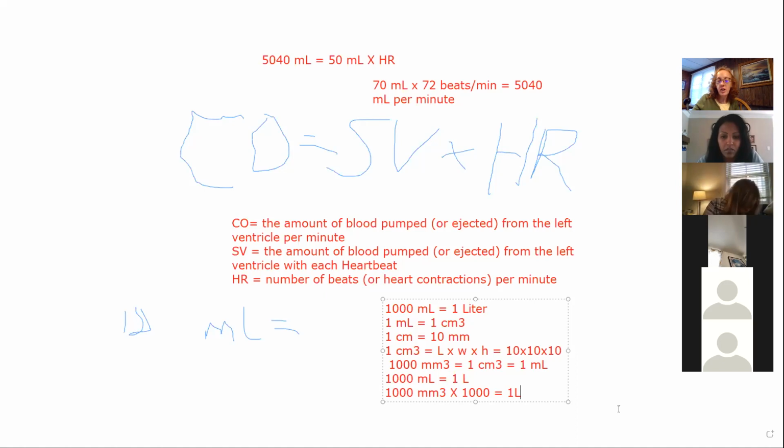Now I'm just getting myself confused. Why did I even do this? Let me think here. Because this isn't making sense according to what her numbers are and how it would work out. 3.5 million per mil.